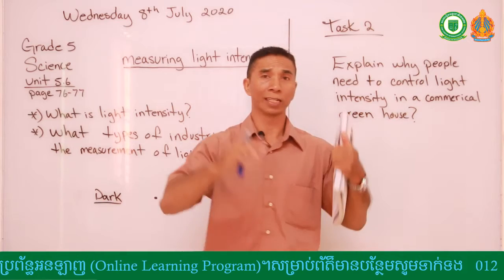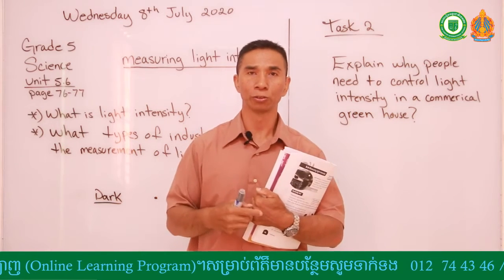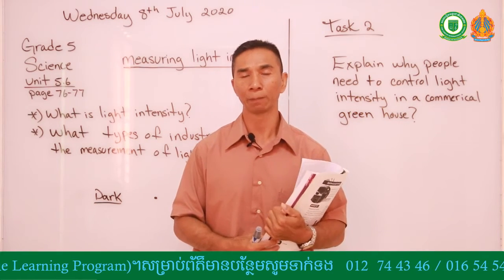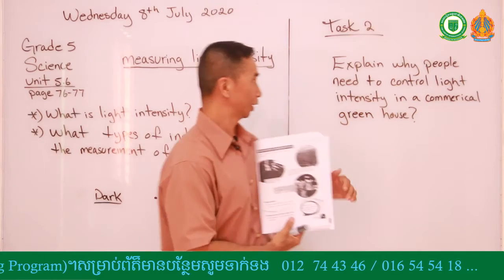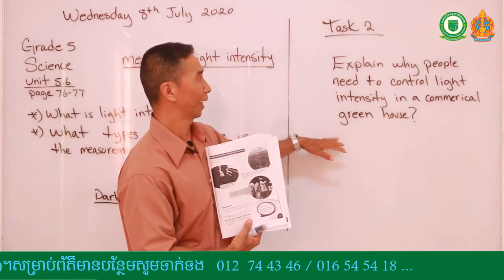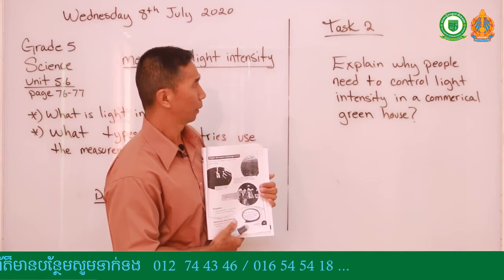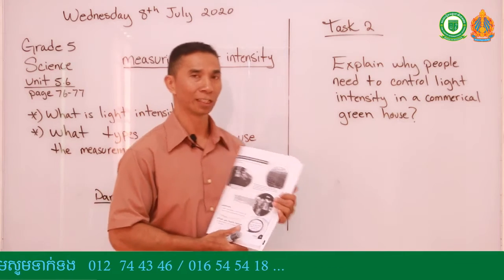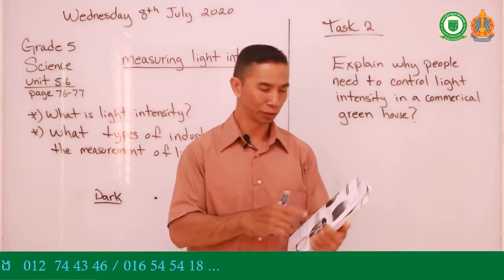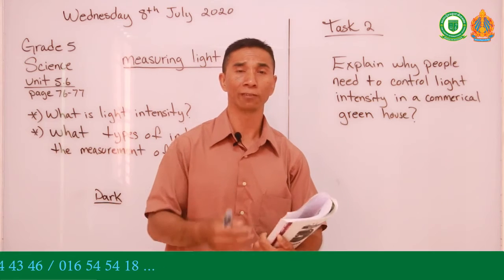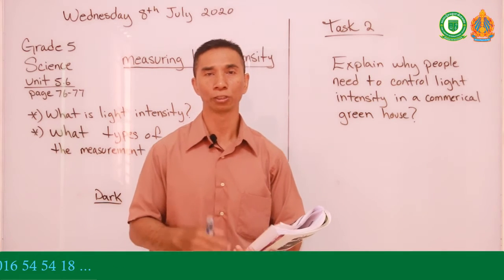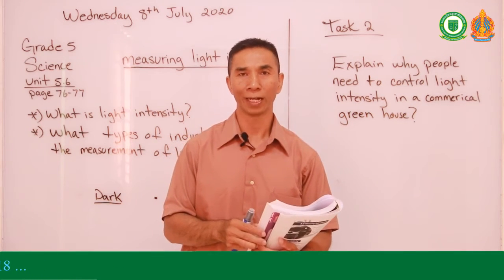A commercial greenhouse grows enough products to probably supply a lot of people. So I want you to explain in full detail why people need to control light intensity in a commercial greenhouse. Please use this paragraph and the material that I submitted on our Telegram post to guide you through your exercise.